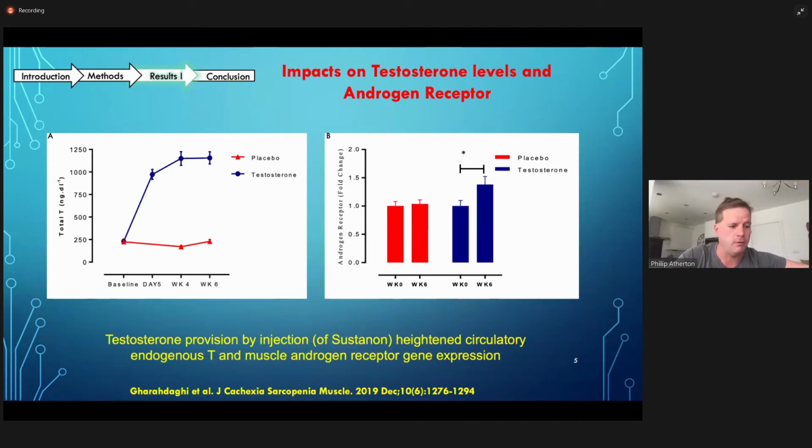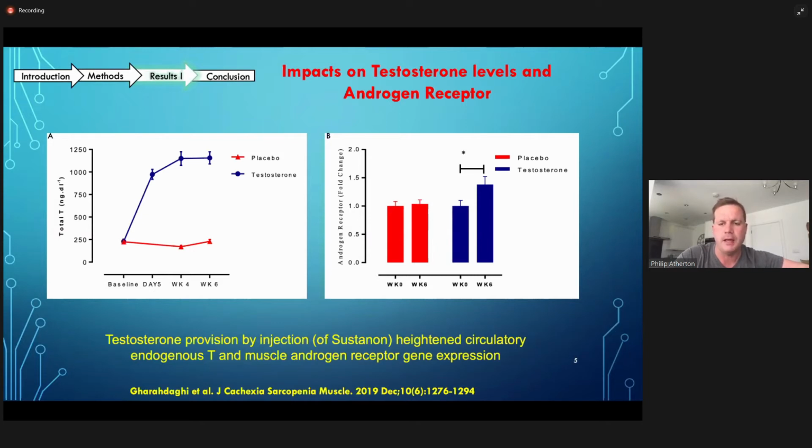Recently in the literature, and not just recently, but for a number of years now, there's been an implication of the androgen receptor in muscle being acutely regulated by exercise and also being potentially linked to adaptive responses. So of course, we looked at this. This is an mRNA measure, obviously by PCR.